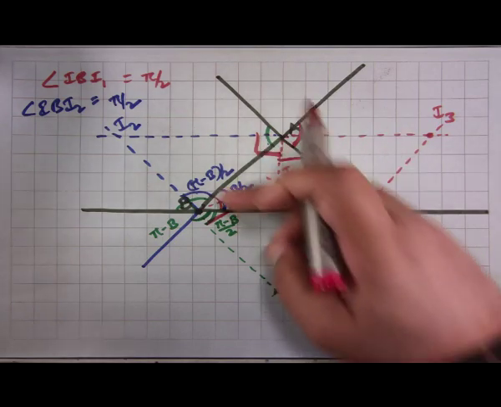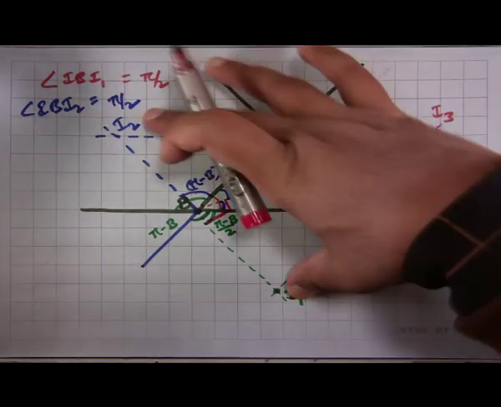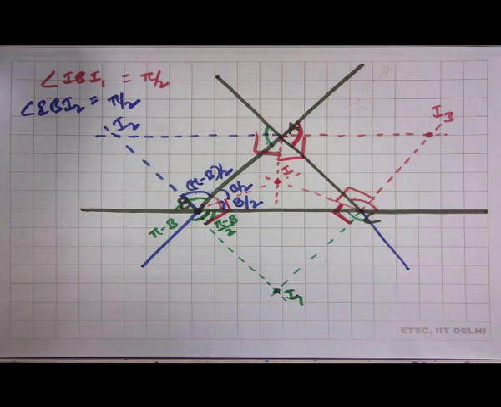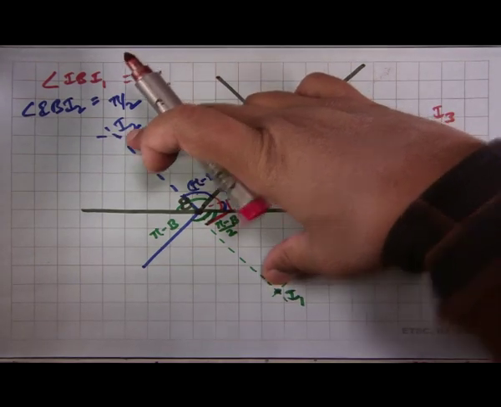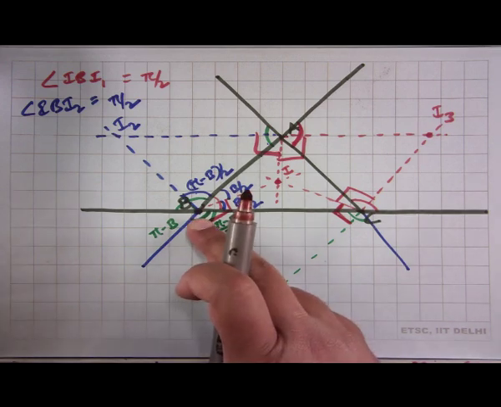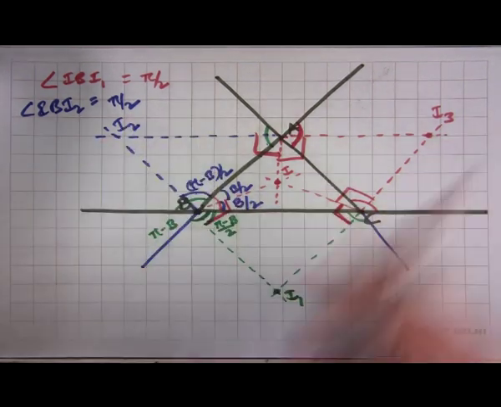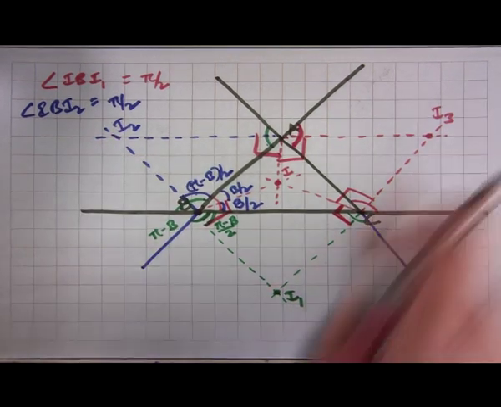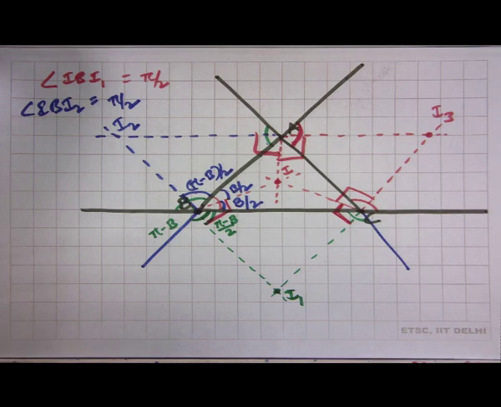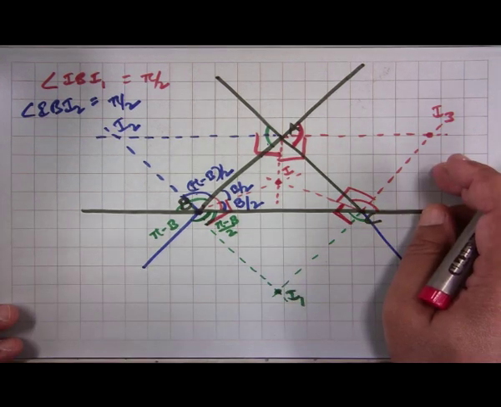The proof is entirely similar to the proof we just did for showing that I1 I2 is a straight line passing through this vertex B. So, now that we have shown that all these three line segments I1 I2, I2 I3 and I3 I1 are straight lines passing through the vertices B, A and C of the triangle ABC, it follows that I1 I2 I3 is a triangle, because we have three straight lines intersecting at I1, I2 and I3, and this particular triangle I1 I2 I3 is called the excentral triangle of the triangle ABC.